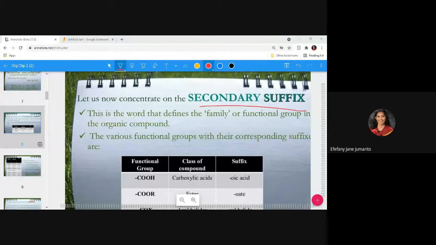Okay, we have Justin. Another type of functional group, or families. Family of alcohol, family of carboxylic acid, family of ethers. What else? Family of thiols.